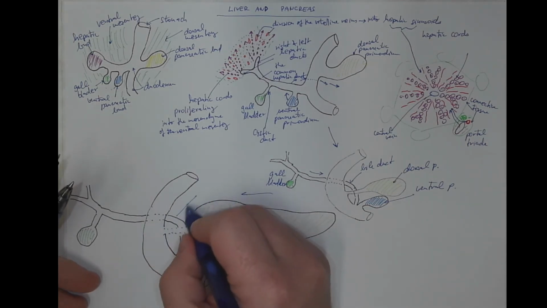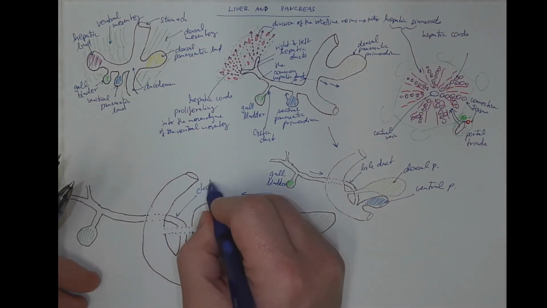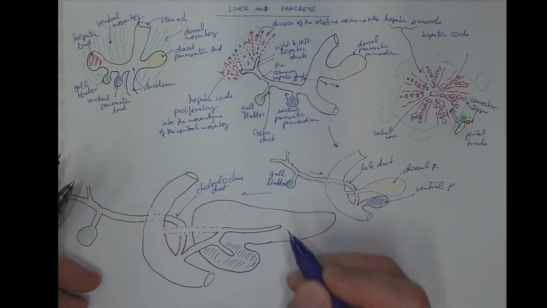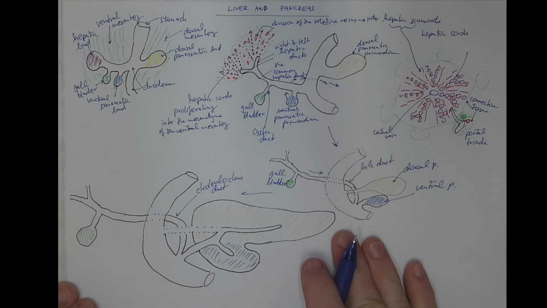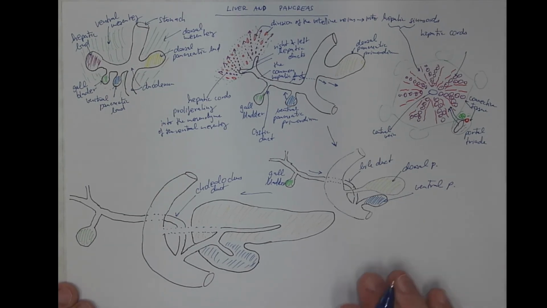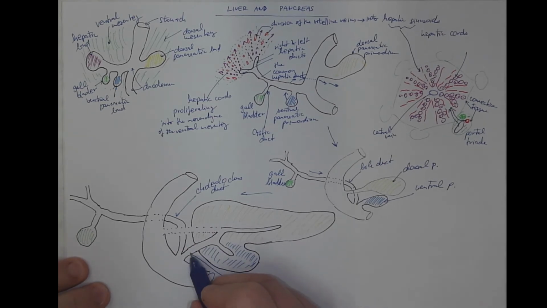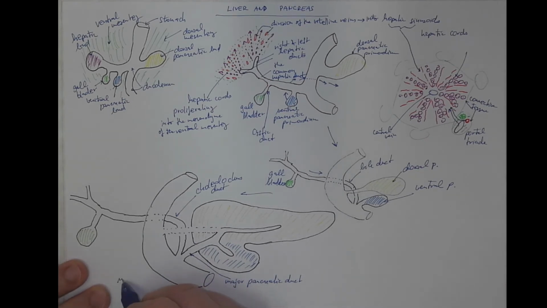So this is the choledochus, bile duct, which in most cases opens together with the major pancreatic duct, on the major duodenal papilla.